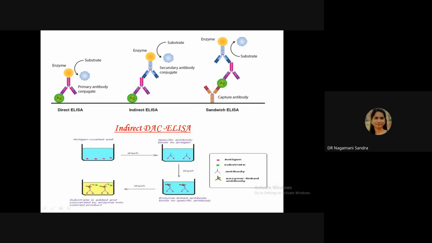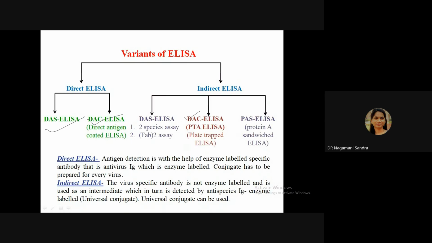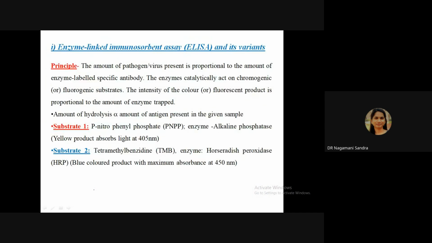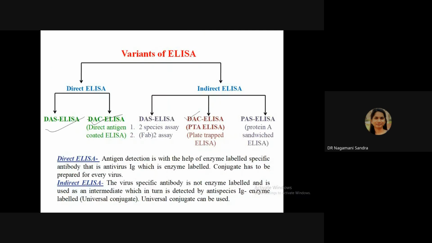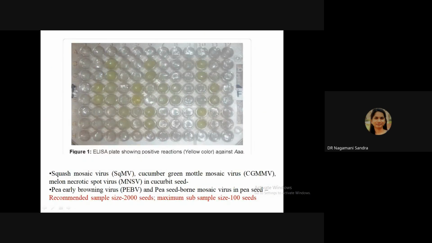Finally we will add the substrate buffer along with the enzyme, so that the enzyme reacts with the secondary antibody and gives a color precipitation. As I already told, we are using two substrates. If we use PNPP, then we will get a yellow color reaction, as you can see here.